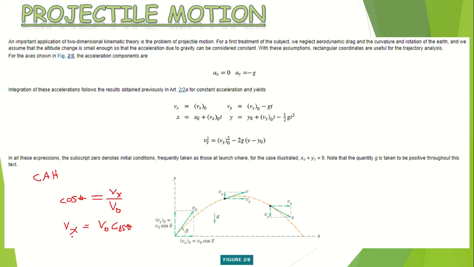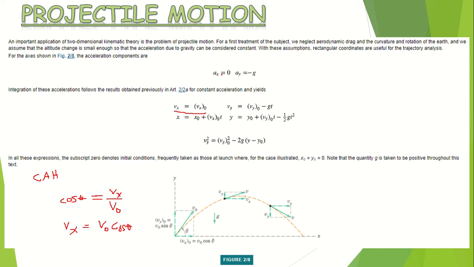So that's why you have this component as v sub x sub 0 is equal to v sub 0 cosine of theta.